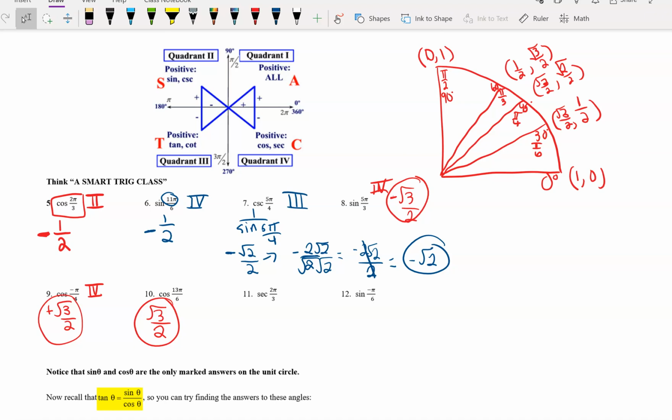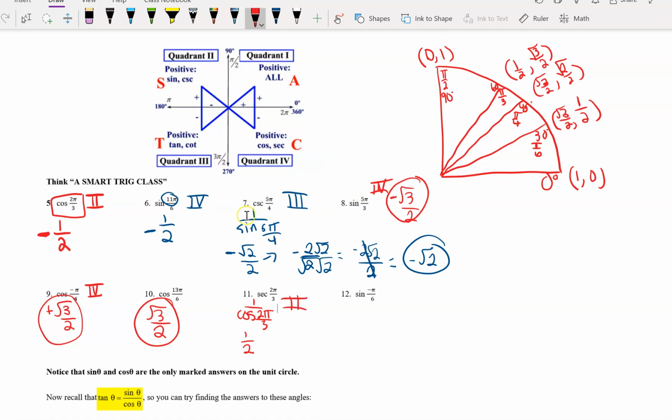For secant of 2 pi over 3, I'm going to do 1 over cosine of 2 pi over 3, since secant is just the reciprocal of cosine. So cosine of just plain old pi over 3 is going to be 1/2. But then we need to think about the fact that this is actually in the second quadrant.